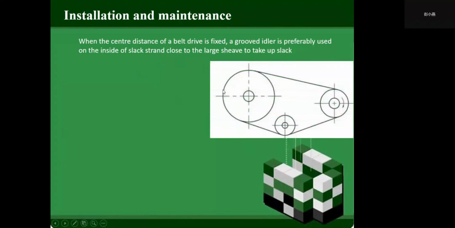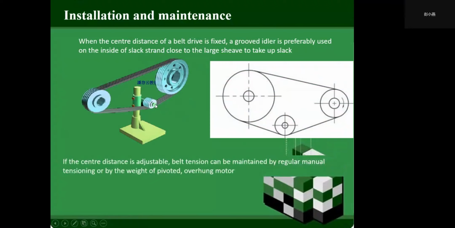And then for the grooved idler, when the center distance of a belt drive is fixed, a grooved idler is used on the inside of the slack strand close to the large sheave to take up slack.